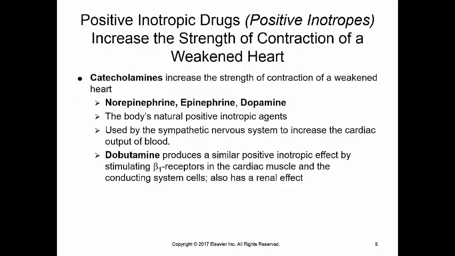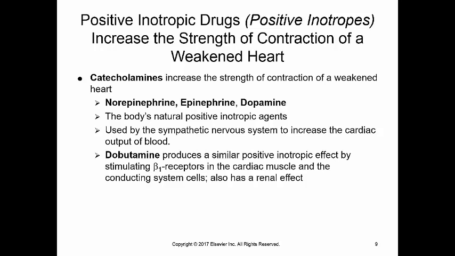Sometimes what we need to do is speed up the heart, maybe make the heart start beating again if it stopped for some reason, or we need to actually increase the force of contraction. And for this, we use our catecholamines. These are going to be drugs like norepinephrine, epinephrine, and dopamine. These are the drugs, once again, that would mimic or do the exact same thing that the sympathetic nervous system does.